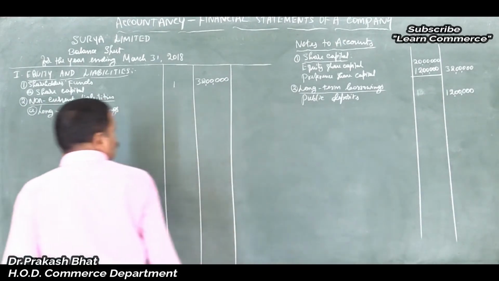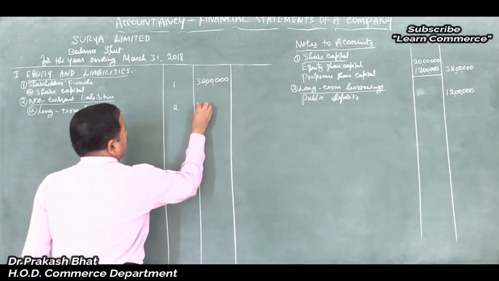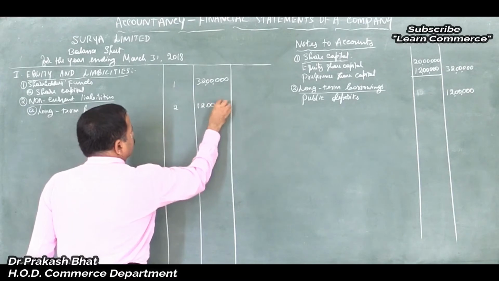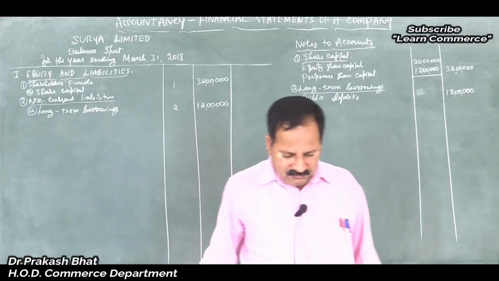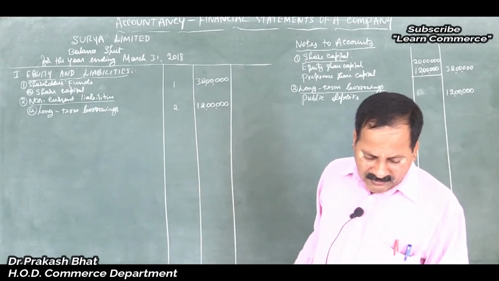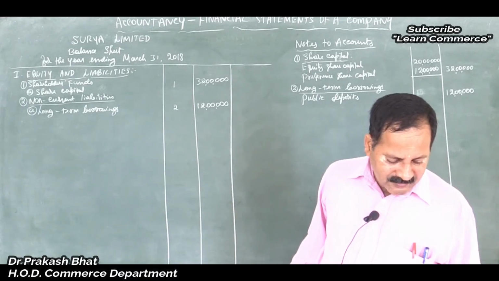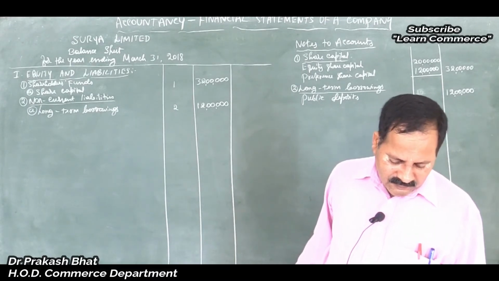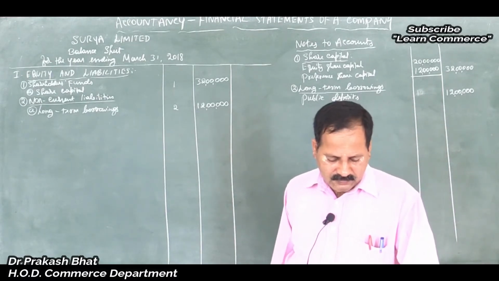Note number 2, 12 lakh. Then what else? Then other long-term liabilities are not there. That's all.